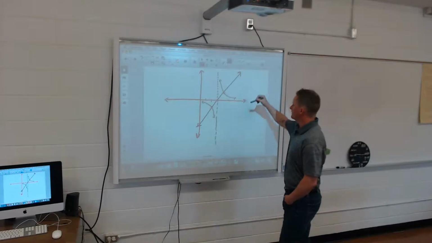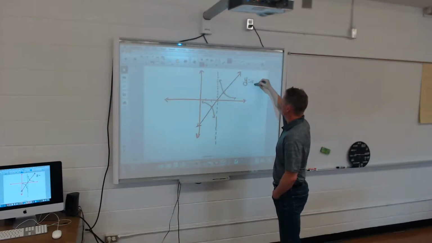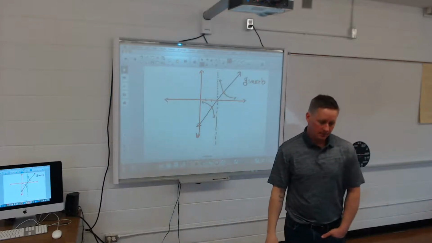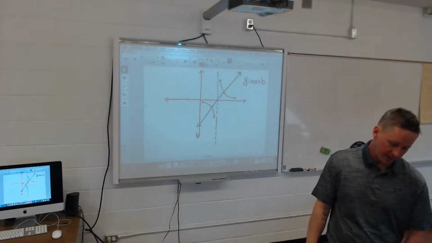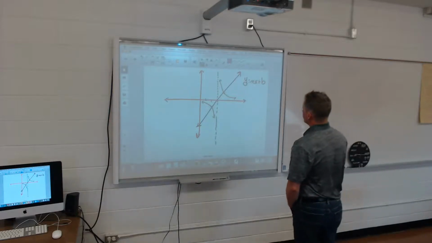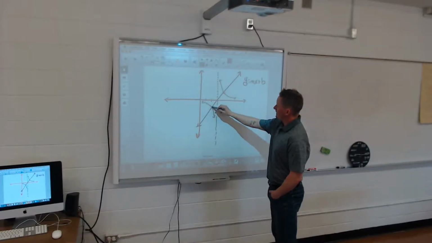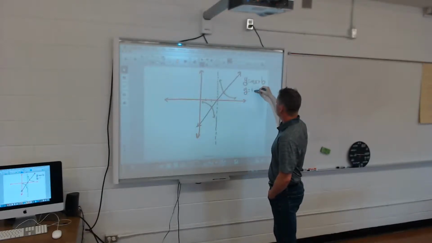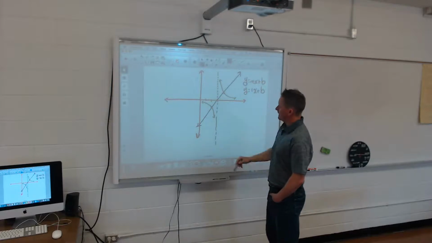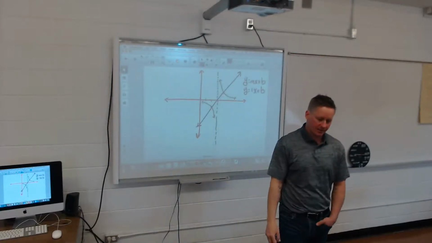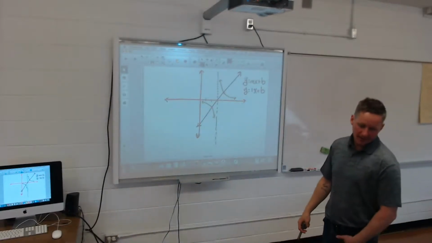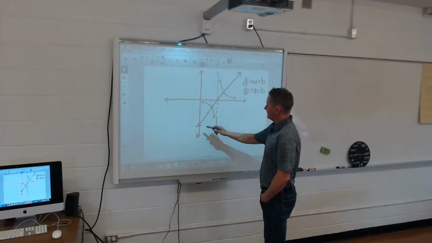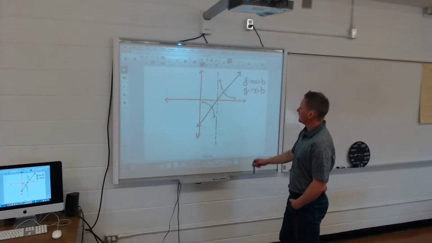Then it wants you to find the equation of that line. So I need y equals mx plus b. To go from here to here, I go up one, right one. That gives me the slope. Then I need to find out what my y-intercept is, and I can't really tell from this graph, so I would plug a point in.